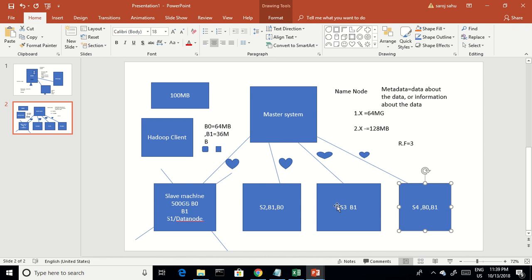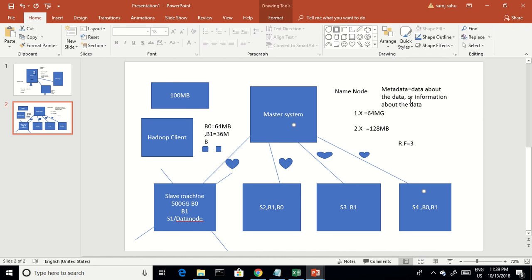The health of the nodes is reported to the master machine. It has the information about what percentage this machine is utilizing and how much is left over, which machine is very free and which machine is very engaged. All this information is reported to the master machine.